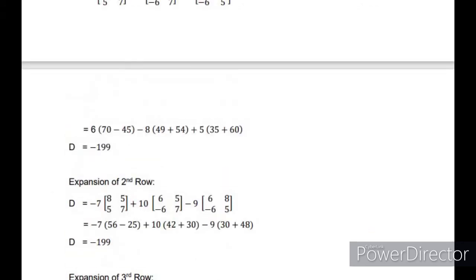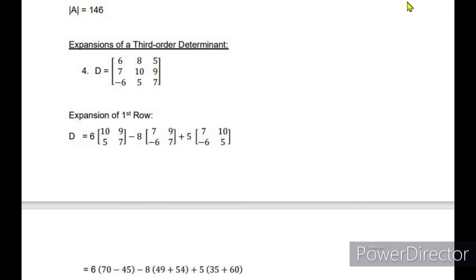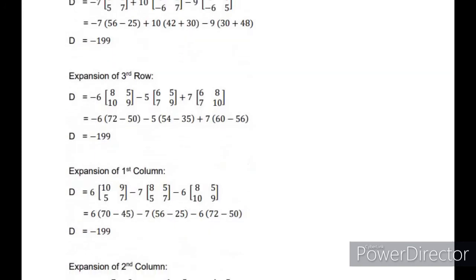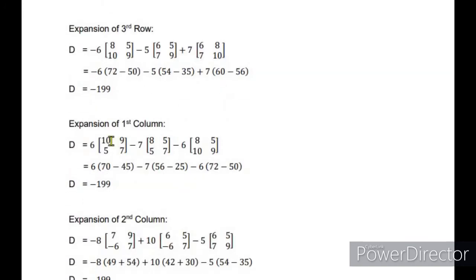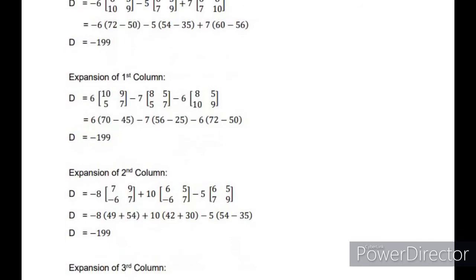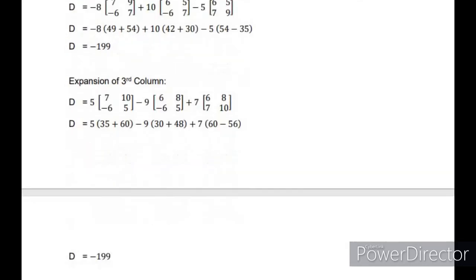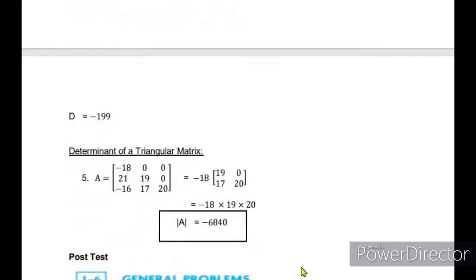So the result will be the same for the expansion of a third order determinant when you use this formula. Even if you use the expansion of the columns, the first and second, it will produce the same. As you notice, they are all negative 199.